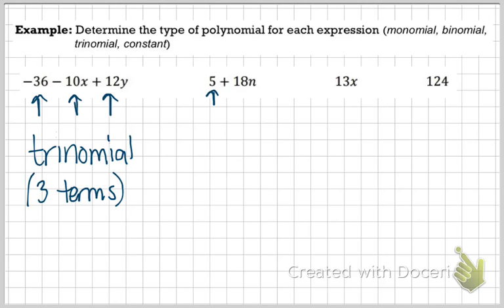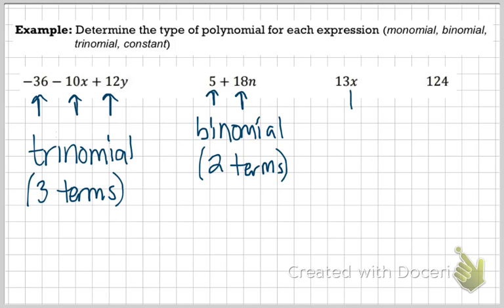This one, we have a constant and we have the n term, 2 terms in total. So this is our binomial. Again, 2 terms. This next one, 13x, yeah, there's 2 things in there, but this whole thing is put together and it makes it a monomial because it's 1 term.